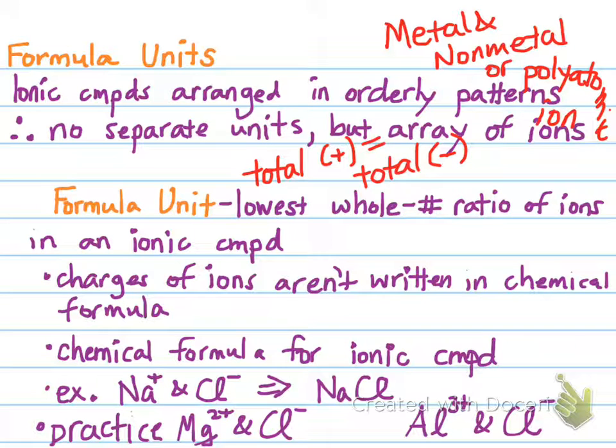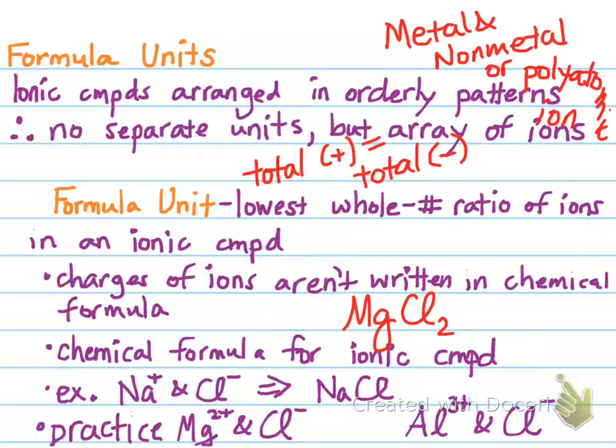So for magnesium and chlorine, magnesium has a +2 charge, chloride has a -1, so I'm going to need 2 chlorides to combine with that 1 magnesium to overall have a zero charge. So my formula would be MgCl2.